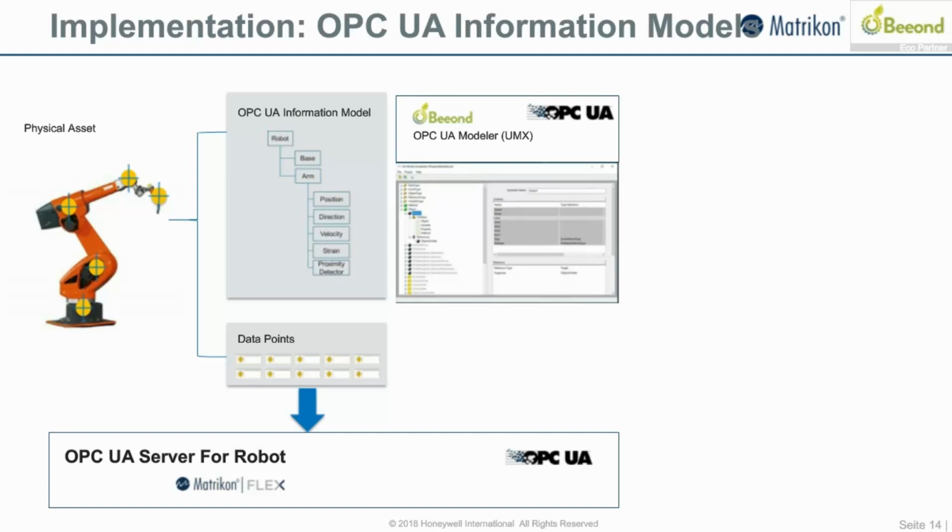They are the eco partner in our program, which basically means that they're experts in using our OPC UA SDK, and at the same time they're also domain experts in the development of OPC servers, information modeling, etc. So they've developed a free modeler that allows you to work with this definition in a graphical way and to interact with it.